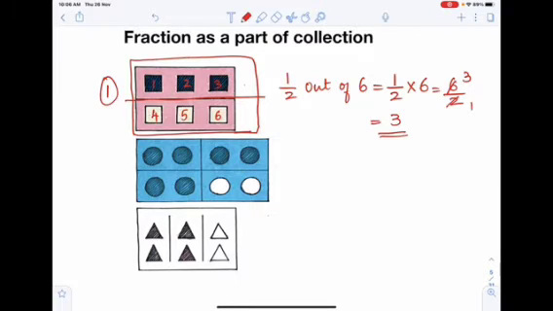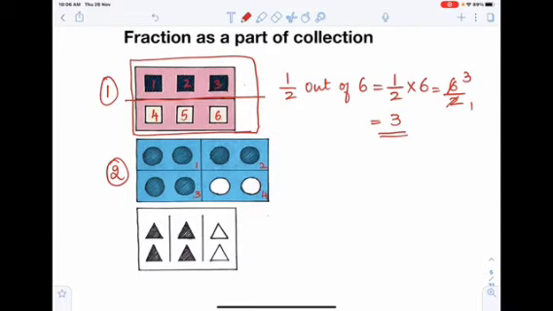Now we'll take up another example as well. The second example. Now here, if you see, I consider this whole collection as divided into 4 parts. And each part is having 2 circles.